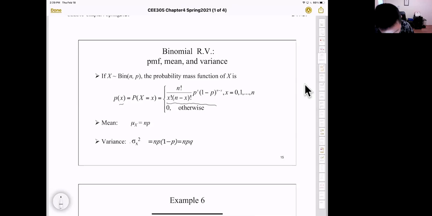For example, this part is C(n, x). So the probability mass function will be C(n, x) times p to the power of x times 1 minus p to the power of n minus x.